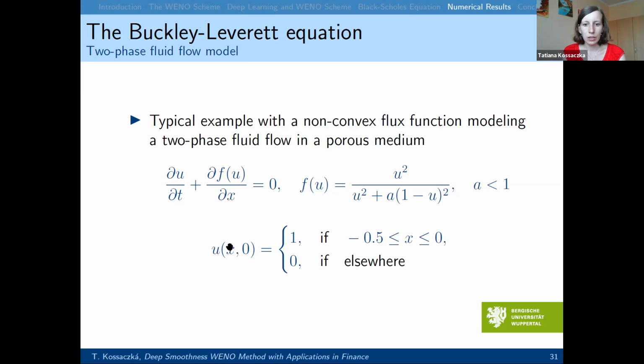And as you can see, here is some initial condition which is discontinuous. So here is also strong jump, and the original WENO method also produces some oscillations, it's not perfect. That also gives us this opportunity to improve the method.